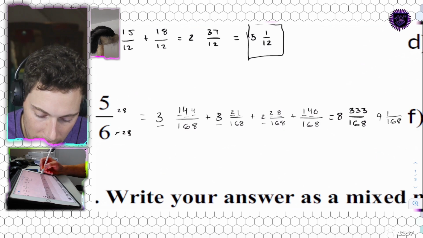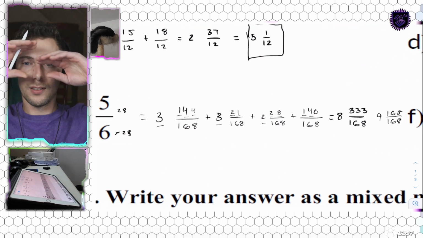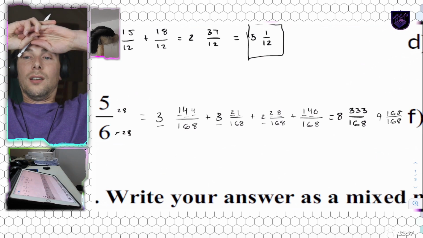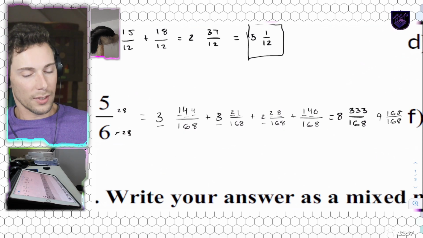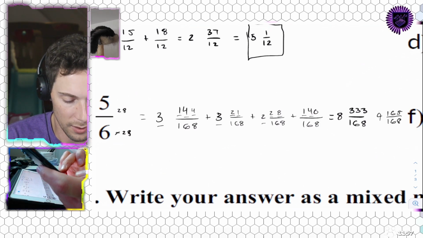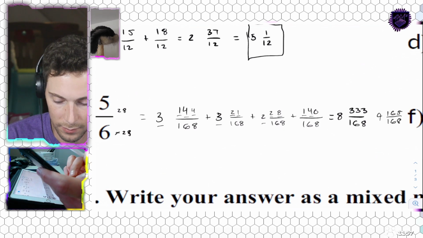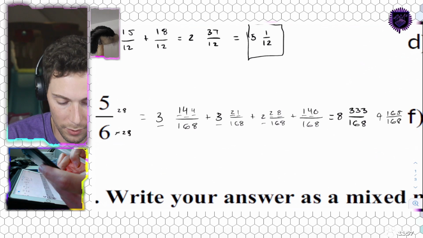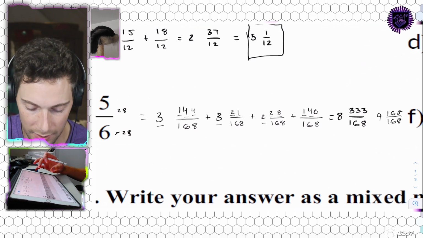Come on, 165. Oh, this is so wrong. 165, 168. Gotta check it on my calculator here. 333 subtract 168 equals 165. So that's right, but it's not. Like something's wrong here.